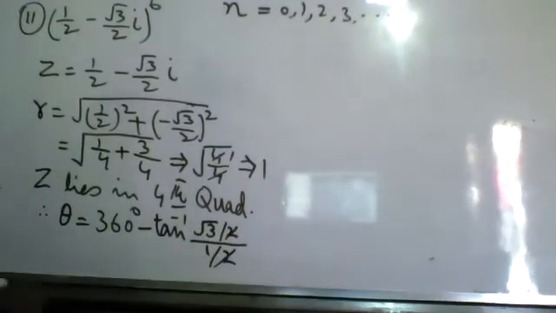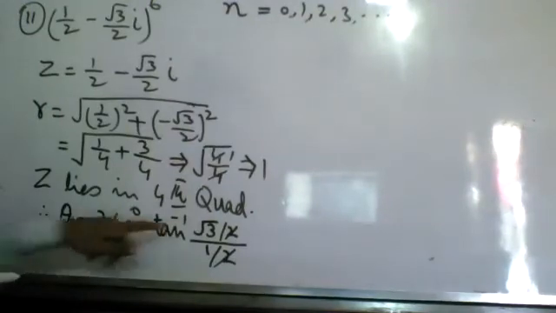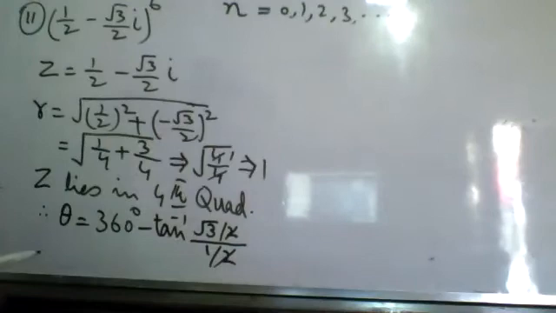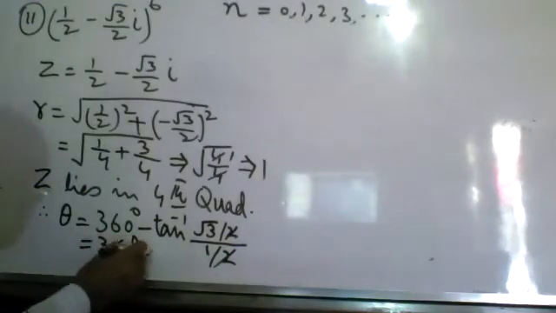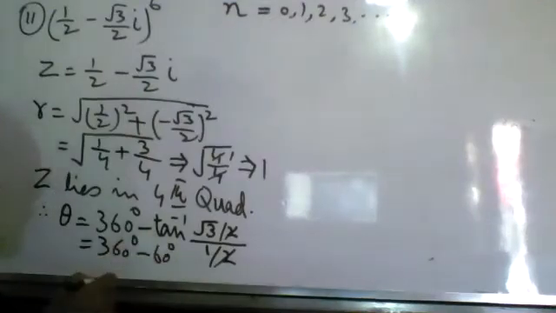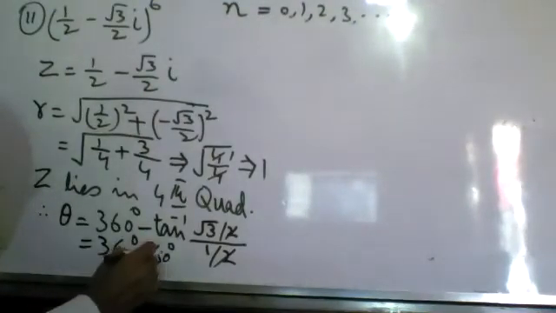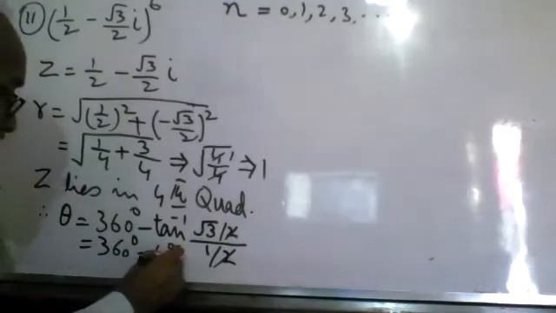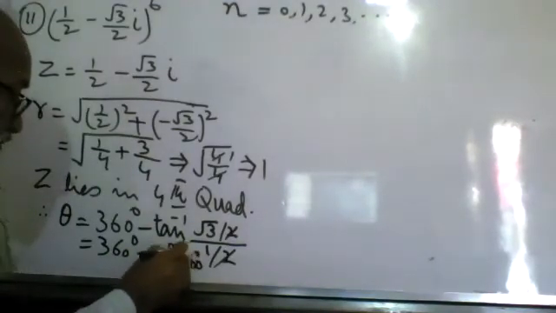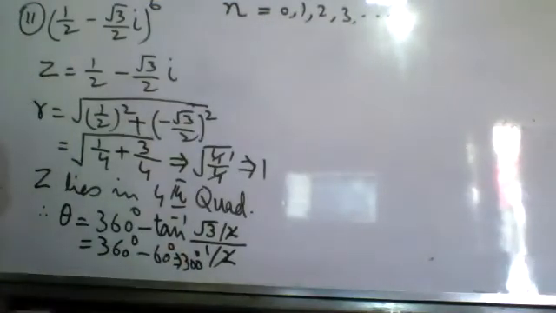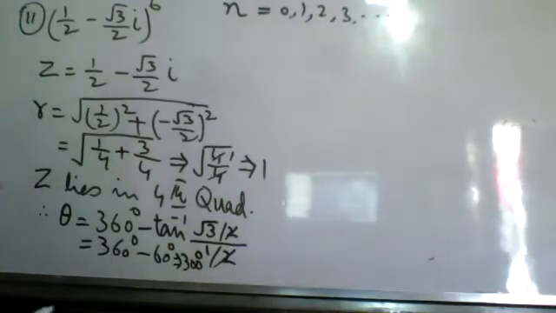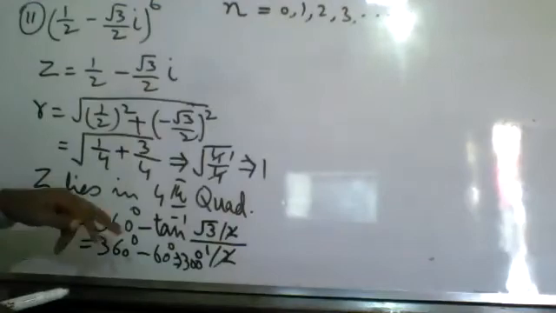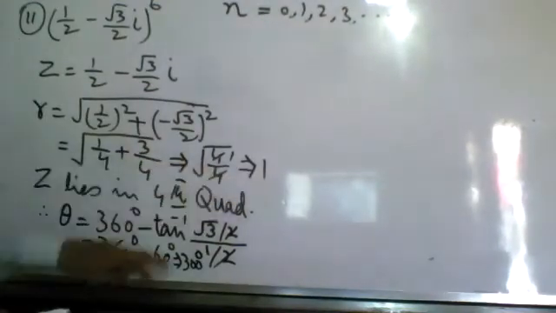So that is 360 degrees minus tan inverse √3. And tan inverse √3 is 60 degrees. So this is 360 degrees minus 60 degrees. The answer is 300 degrees. Therefore, R is 1 and theta is 300 degrees.